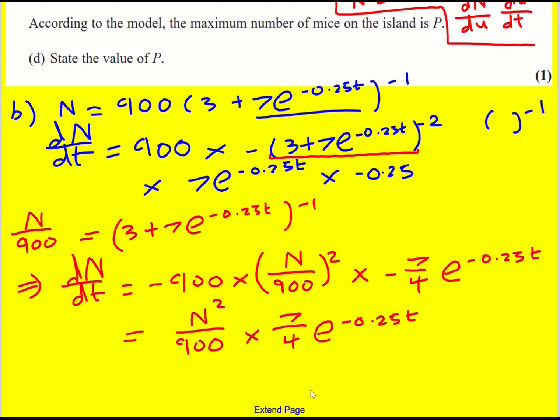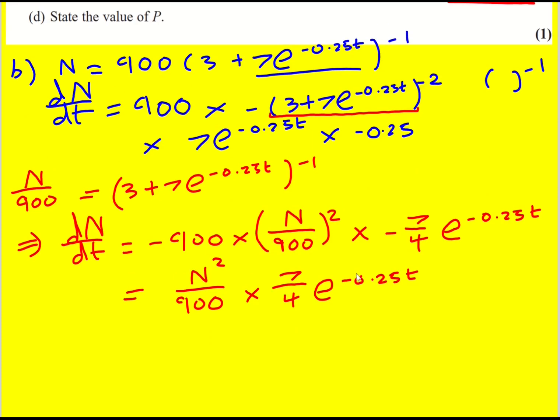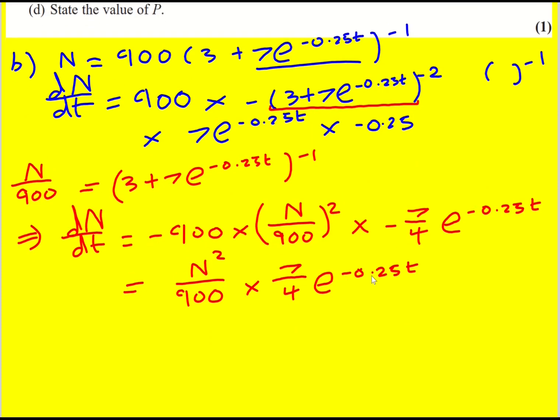Now I really need to sort out that exponential. So what we can say is that 900 over n is actually going to equal, I'm just swapping them around, 3 plus 7 e to the minus 0.25t. And then I can minus 3 from both sides.